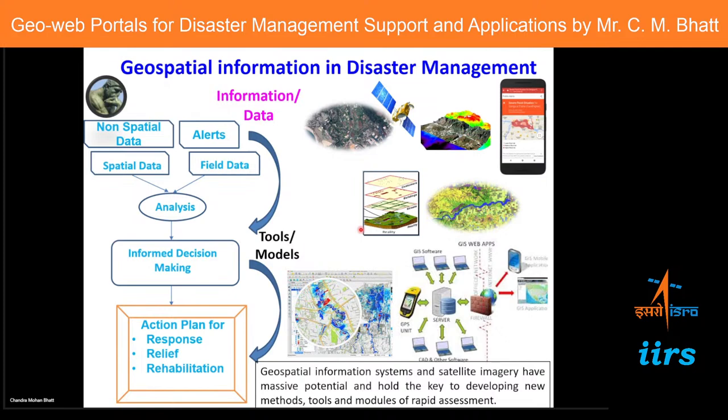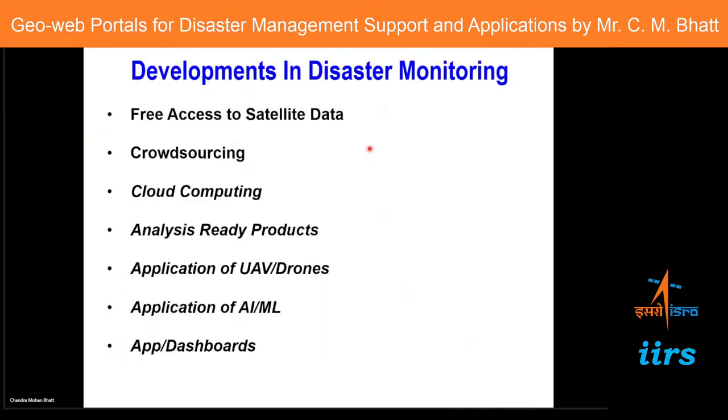So we require non-spatial data and spatial data, and if we are able to analyze in a geographic framework, we are in a better position to make informed decisions and have our action plans. These days we have a lot of sources of information, whether satellite, GPS, maps, and various other sources have emerged to collect this geospatial information.